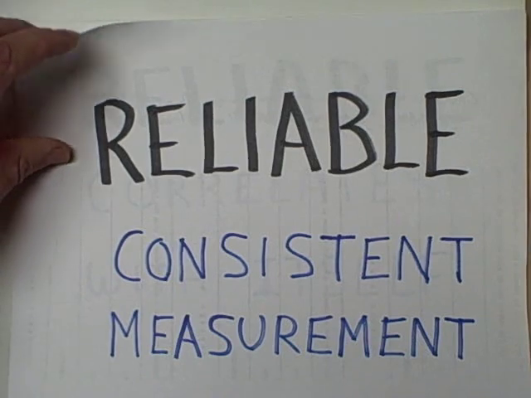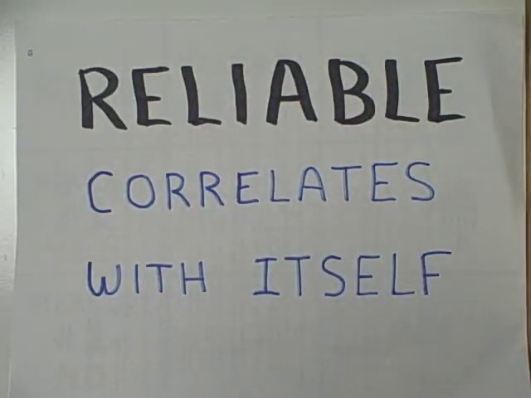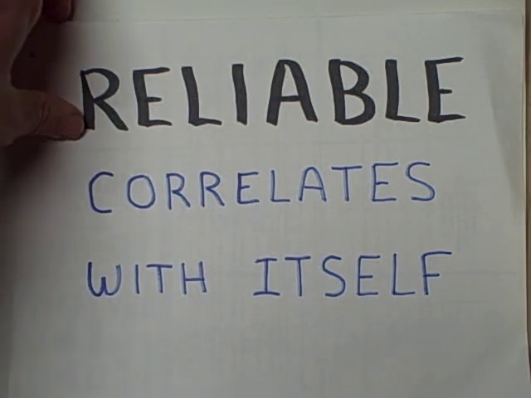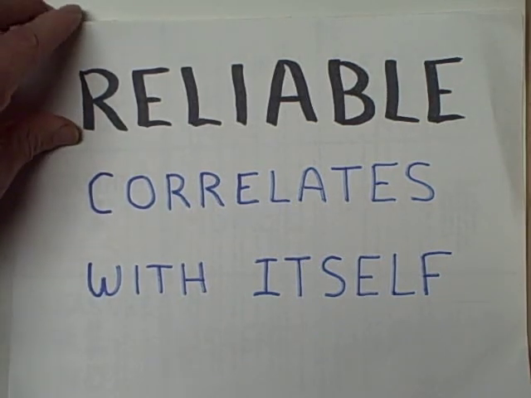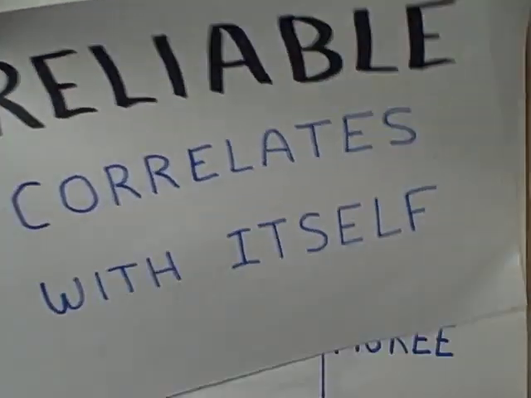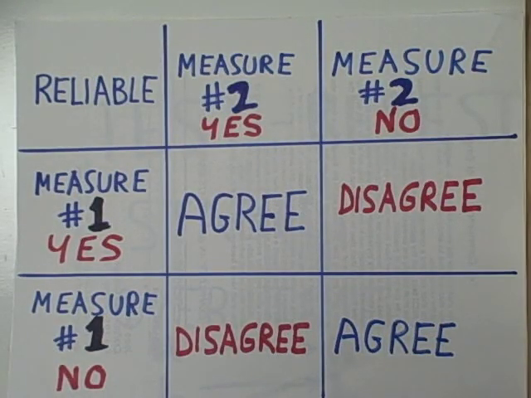The way that we establish reliability of a measure is we have to use it in more than one way and see if it in fact correlates with itself. An easy way to conceptualize this would be to use the 2x2 contingency table.